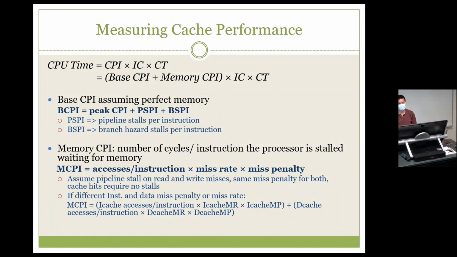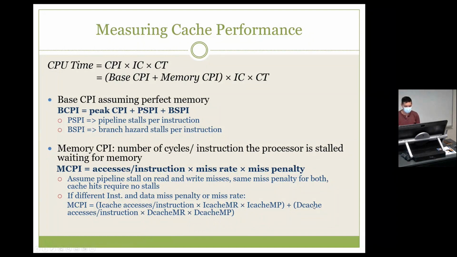Yes. Do I ever get an instruction without accessing the instruction cache? No. So this is 100%, right? So just one. And then the instruction cache miss rate would be given to you, and the instruction cache miss penalty may be given to you, but you may need to calculate this. In the homework, you will need to calculate this.